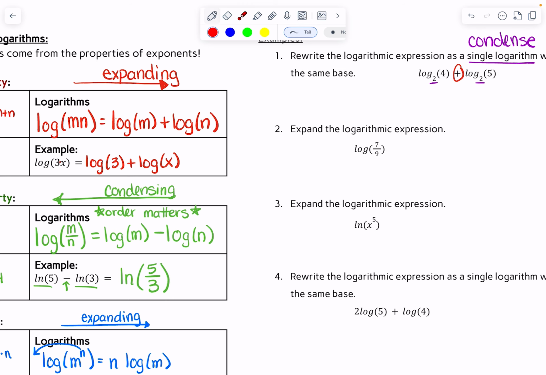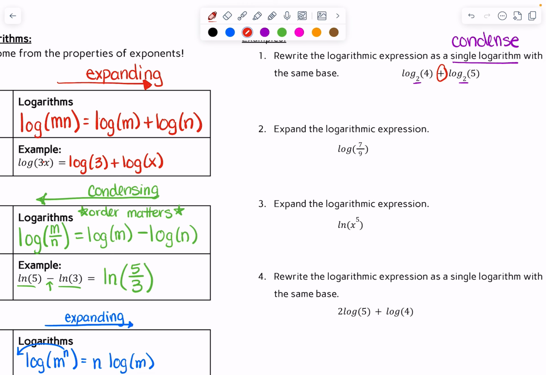So I'm going to use our product property here. By definition of the product property, if I see addition, I can take the 4 and the 5 here and multiply them in a single logarithm. So that's going to give me log base 2 of 4 times 5, which if I simplify is log base 2 of 20, because 4 times 5 is 20. So that would be my simplified expression.